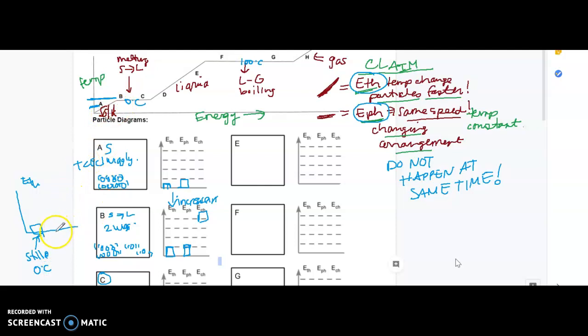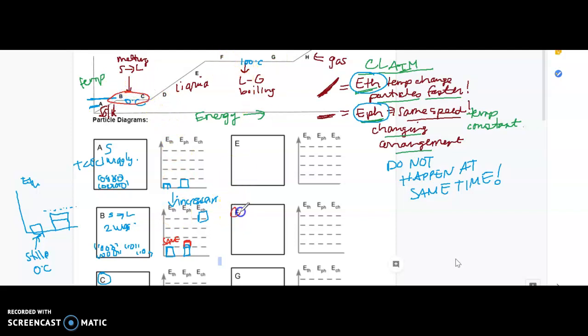The temperature hasn't changed, but I'm adding energy, so now I'm going to have a little bit more, but not quite to 2, because that would be full liquid. So when I go to C, I've added a little bit to there. This should be the same in C because the temperature did not change because it's on a plateau.